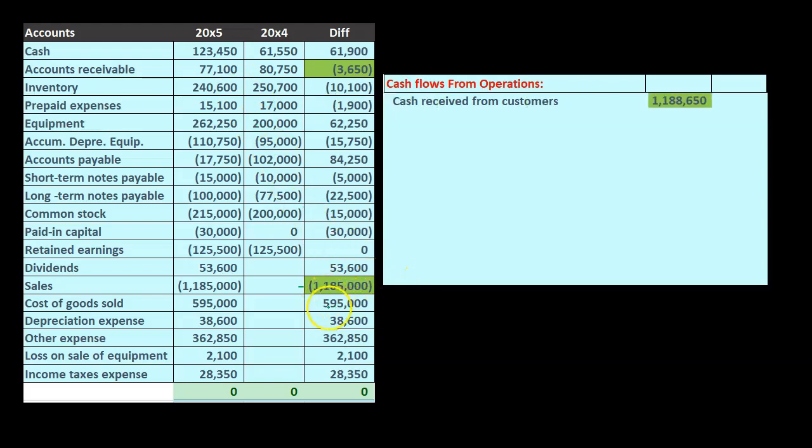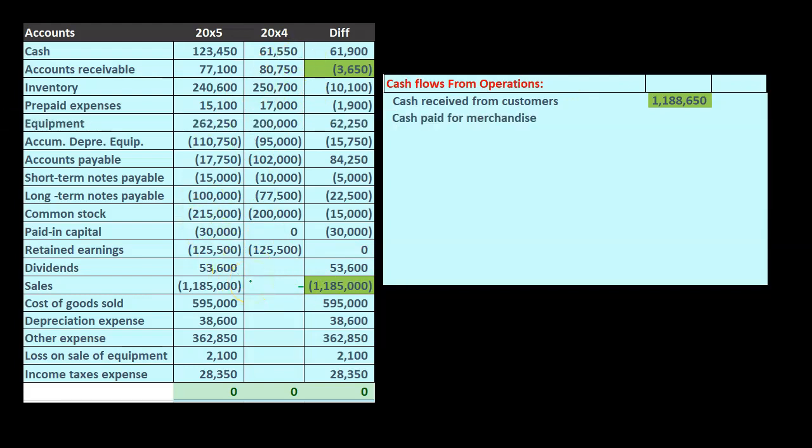So we're going to take this 1,185, add the 3,650, because we must have gotten paid over and above the sales we made in 2000X5. We net those two out, and that gives us the cash received. So we've converted the sales to cash received by looking at the other accrual account related to sales.